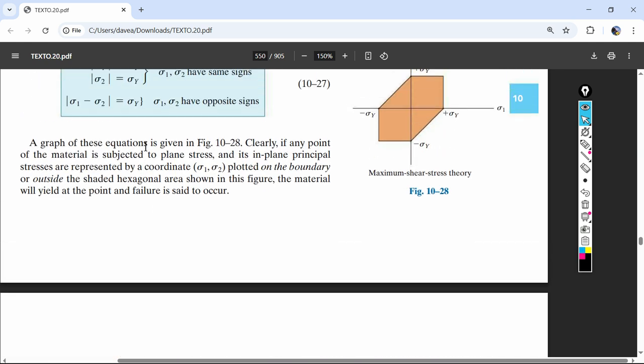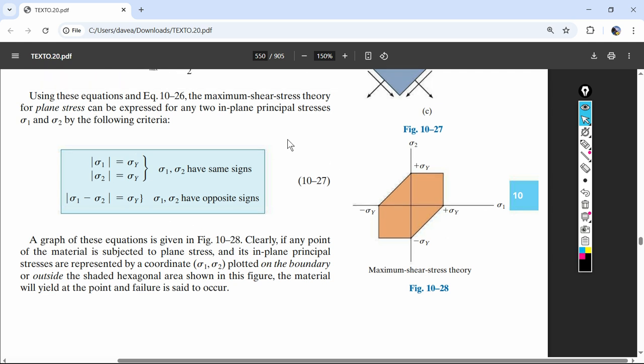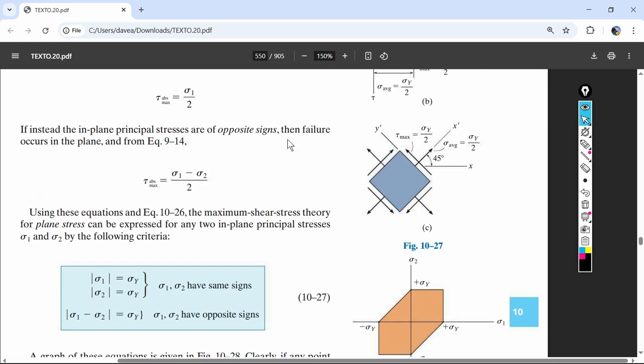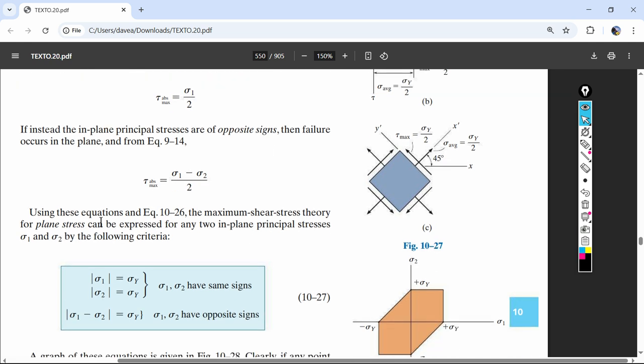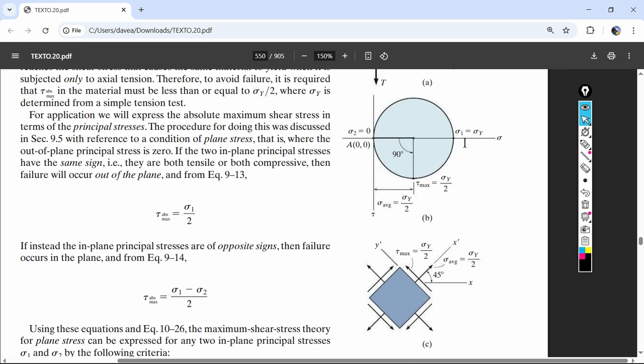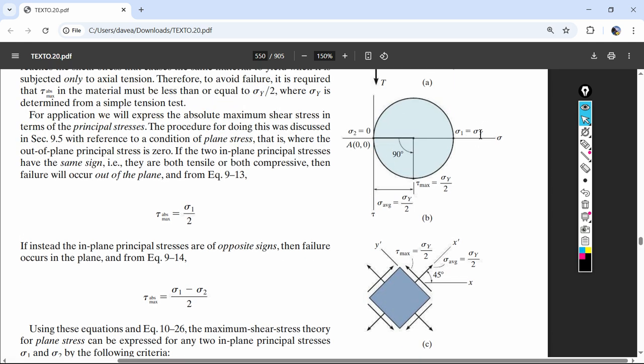A graph of these equations is given by the figure. Why am I just missing out? We kept up all the way to there. Using these, the maximum shear stress theory of plane stress can be expressed for any two in-plane principal stresses. So there's an in-plane principal stress, and sigma 1 is sigma y, and sigma 2 is 0.